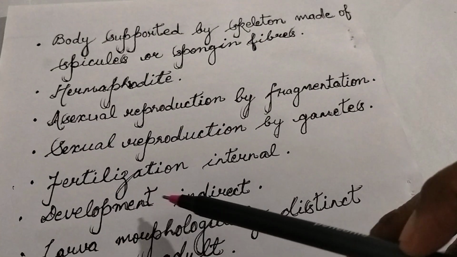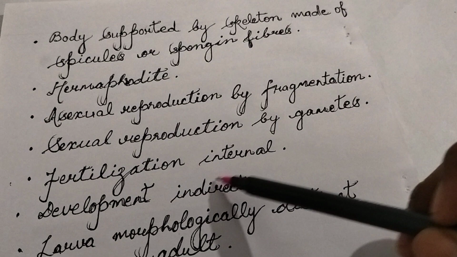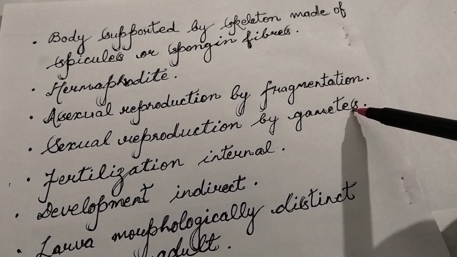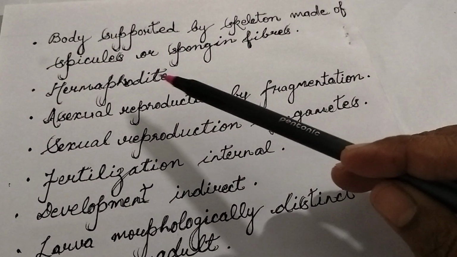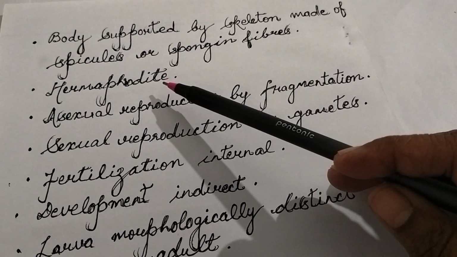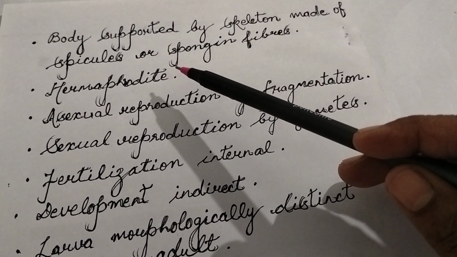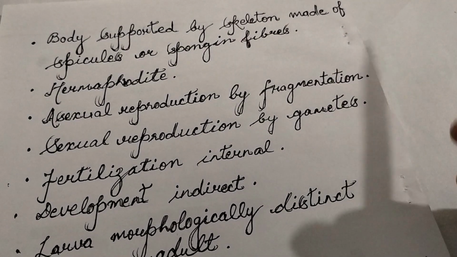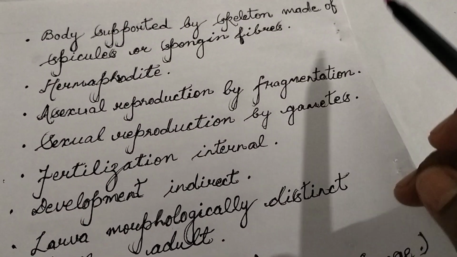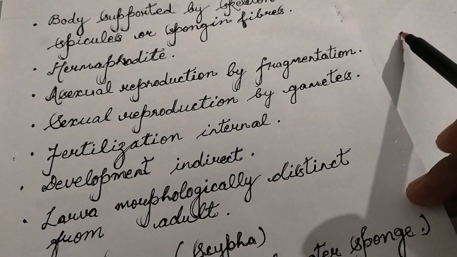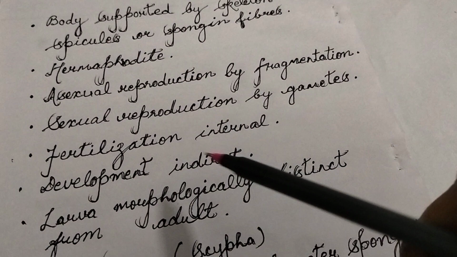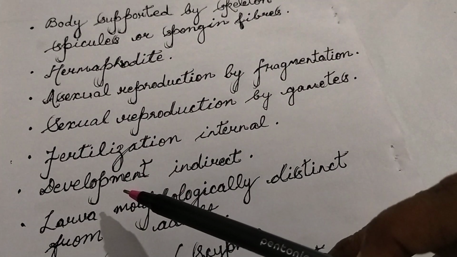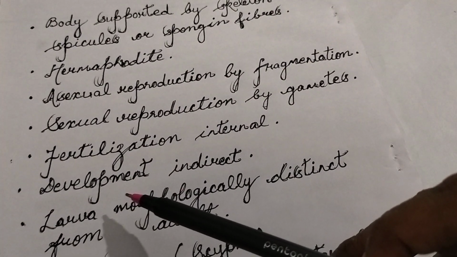Now about sexual reproduction. Sexual reproduction is by the formation of gametes. Just now I told you both the gametes, male and female, are produced by the same individual. Fertilization is internal. In animals, you will see a specific process called fertilization, meaning fusion of gametes.